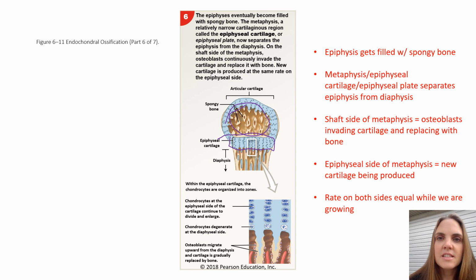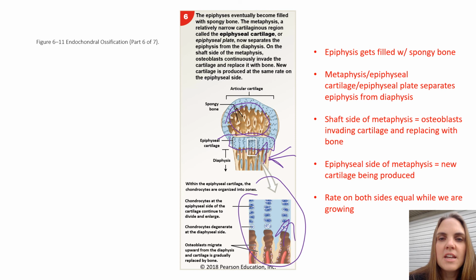On the diaphysis side of the epiphyseal plate, and we can see a close-up. So the diaphysis side of the plate would be down here. On the diaphysis side, our osteoblasts are invading this cartilage. So the osteoblasts are invading the cartilage of the epiphyseal plate and replacing it with bone.